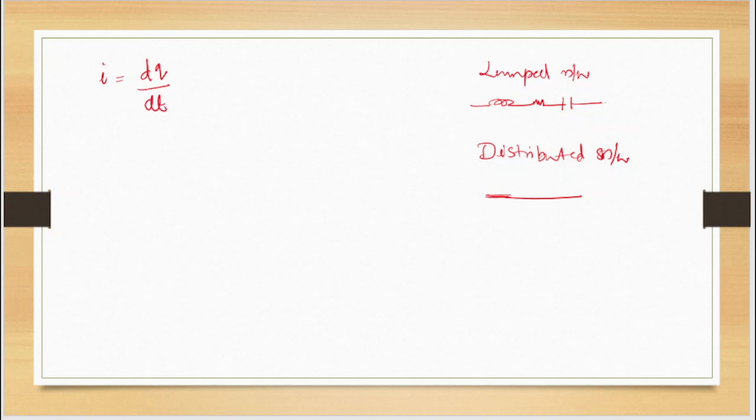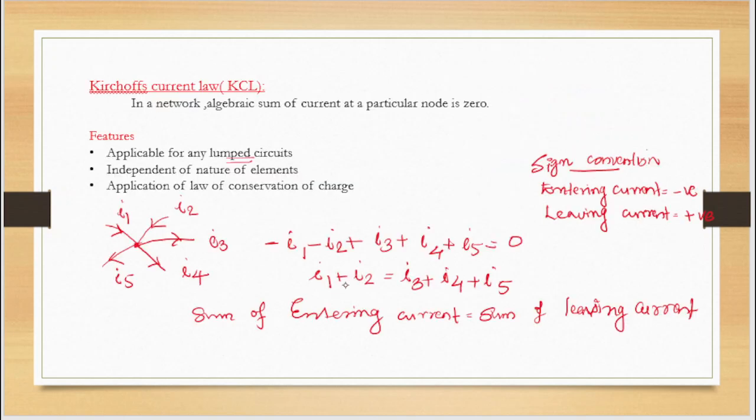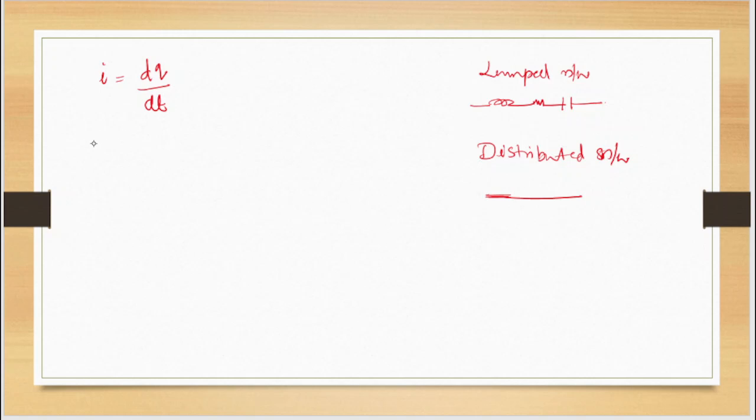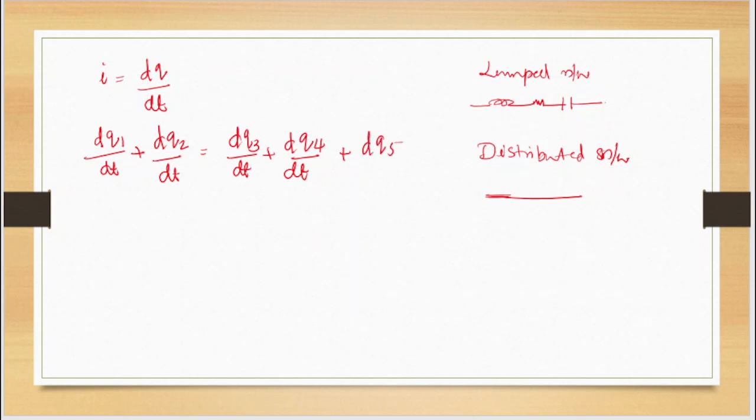We have discussed that I1 plus I2 equals I3 plus I4 plus I5. Thus we can write dq1 by dt plus dq2 by dt is equal to dq3 by dt plus dq4 by dt plus dq5 by dt.